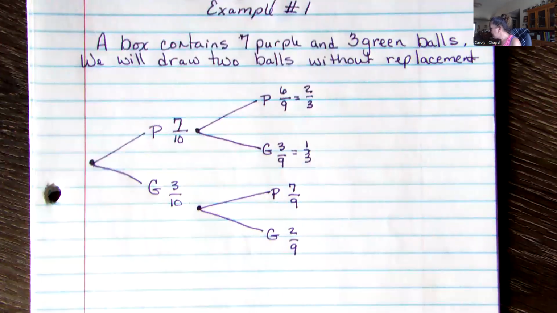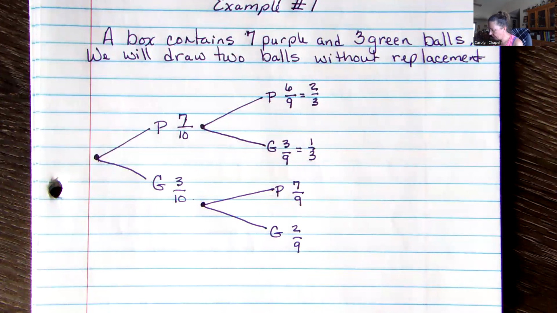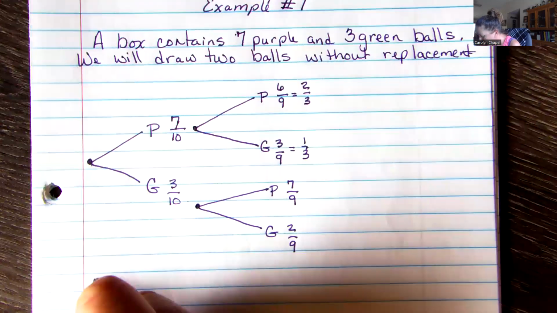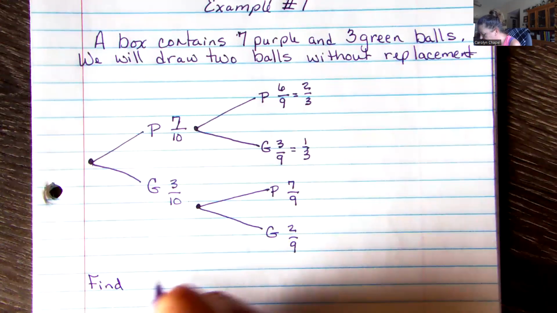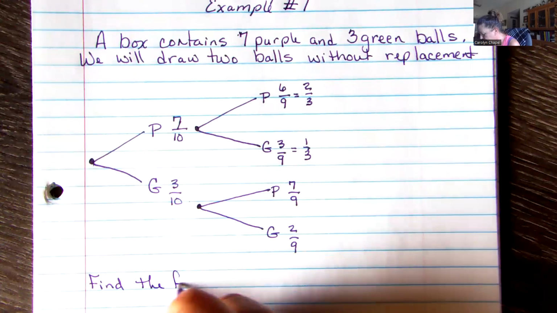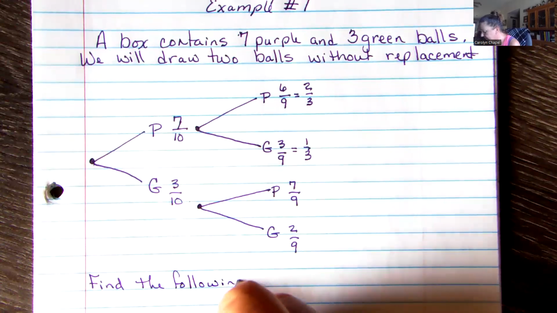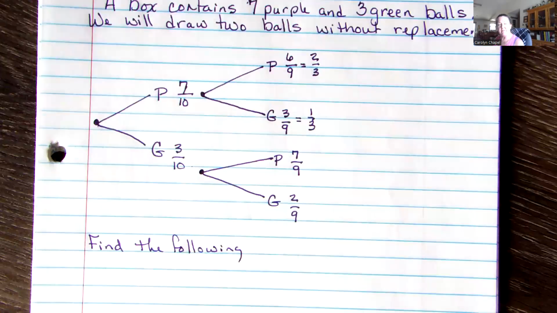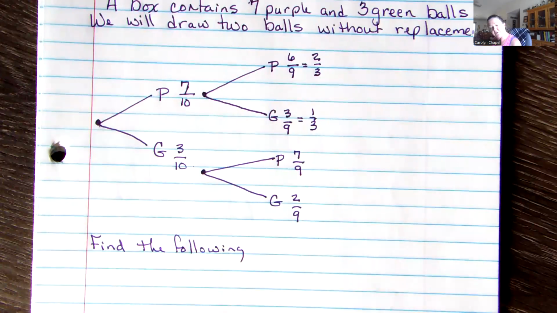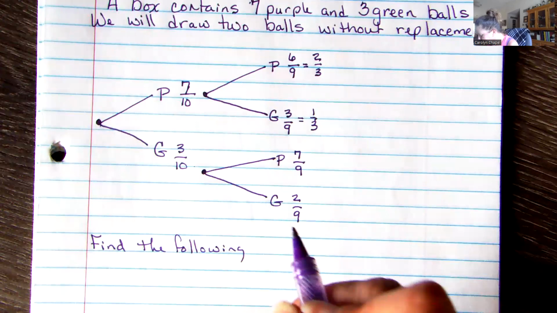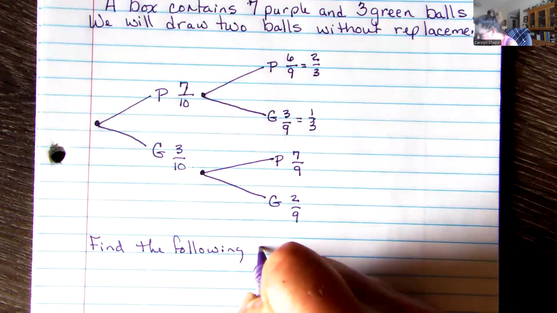All right, we're going to calculate some probabilities. The first thing I'm going to do is find the following probabilities using some of the stuff we've already talked about, or you might have seen on my other video with just conditional probabilities. Find the following probabilities.